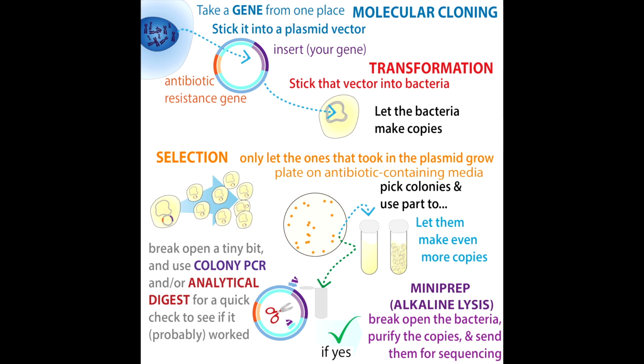Often you do this with a spreader or with glass beads that you shake around, because you want to make sure that the bacterial solution gets all over the plate. When I'm talking about plates, these are agar plates.